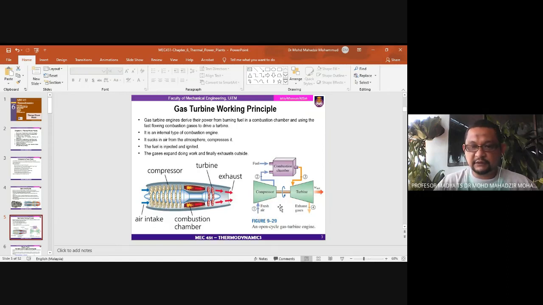This picture is called an open cycle gas turbine engine. Why? Because the cycle is not connected. In front here is the atmosphere, and here is the atmosphere. So it is not connected, so we call it open cycle.